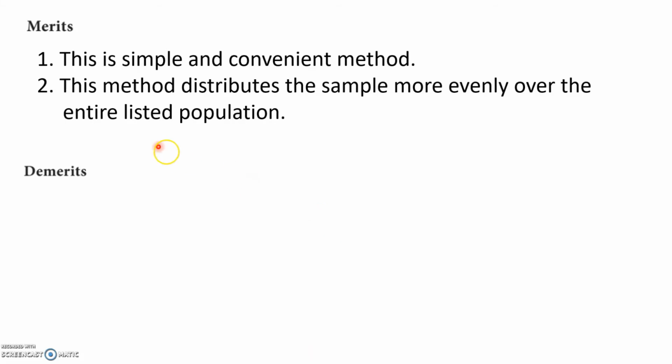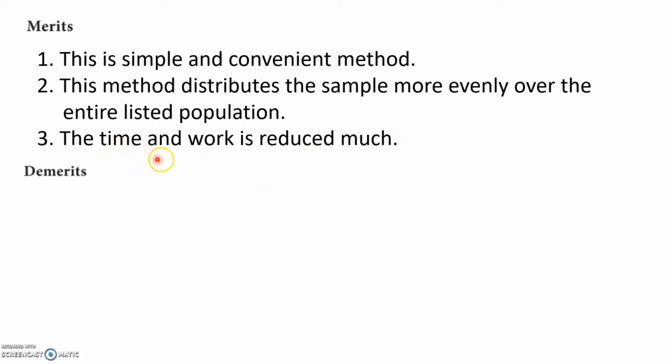Second, this method distributes the sample more evenly over the entire population. You would have noticed that in both examples, the samples are evenly distributed over the population. It's not clustered in one particular area or sector, but distributed evenly. That's a good advantage.